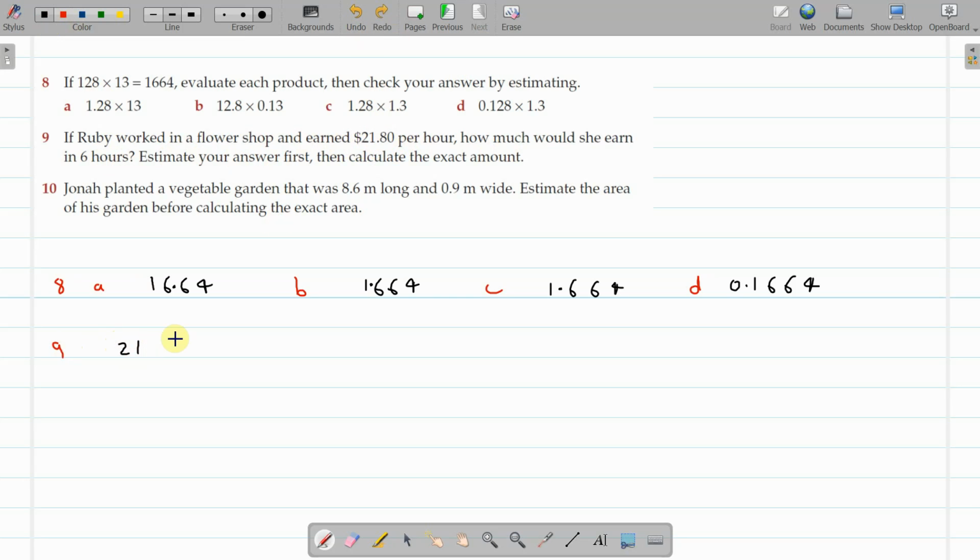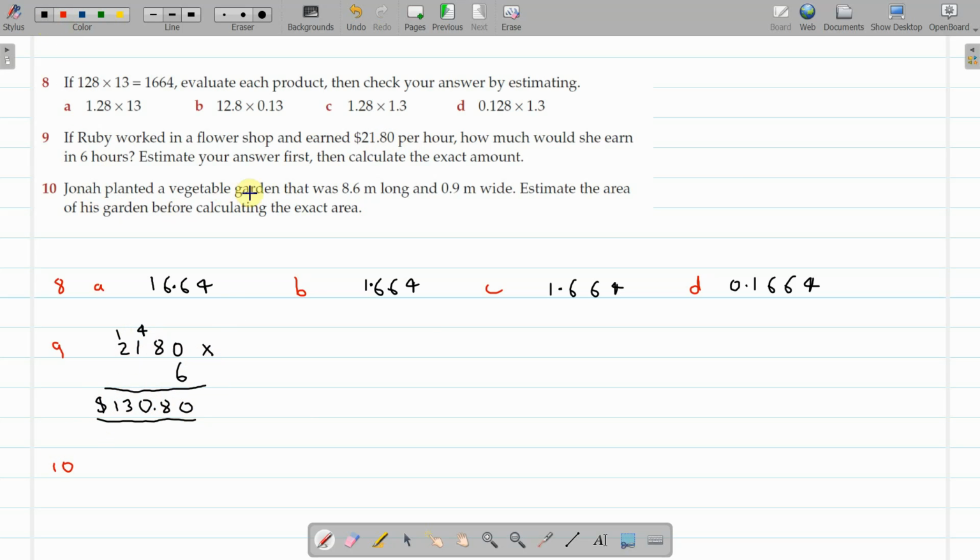Yep. 2180 times 6. 6 times nothing is nothing. 6 times 8 is 48. 6 ones are 6 plus 4 is 10. 6 twos are 12, 1 is 13. And money has 2 decimal places. $130.80.